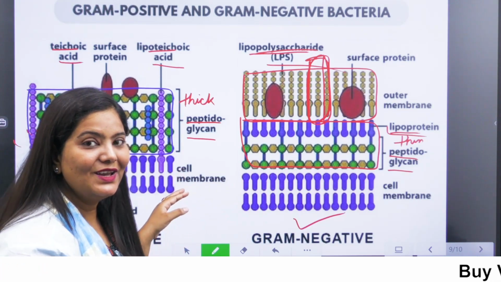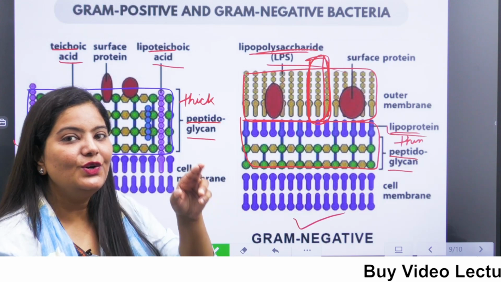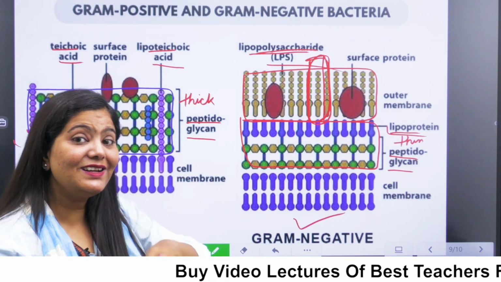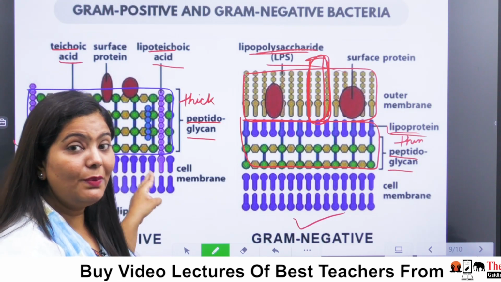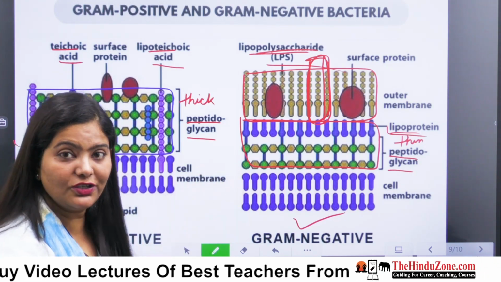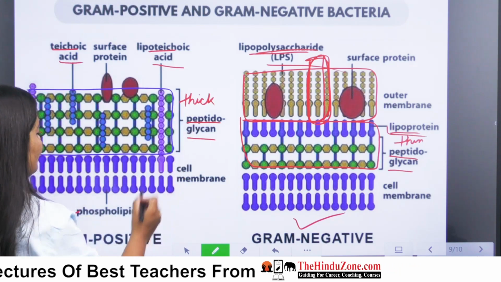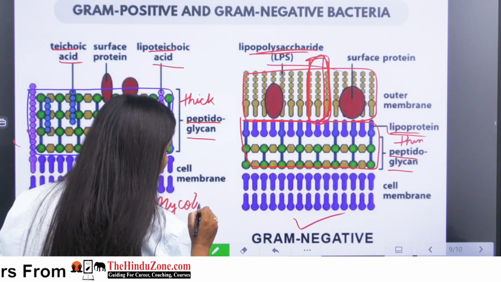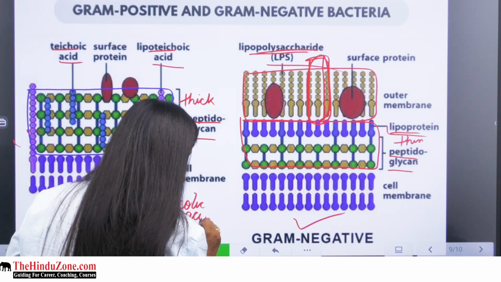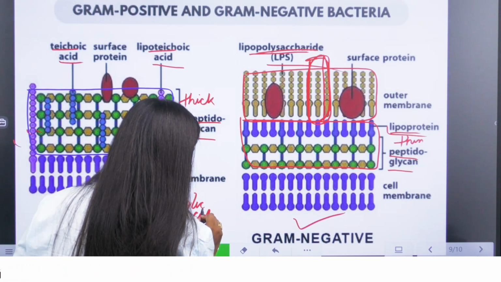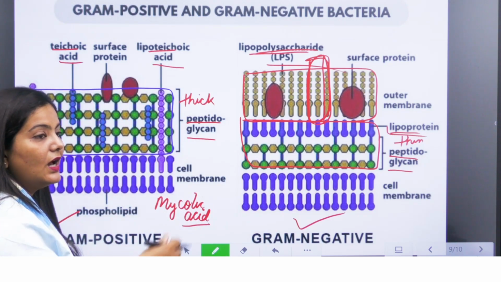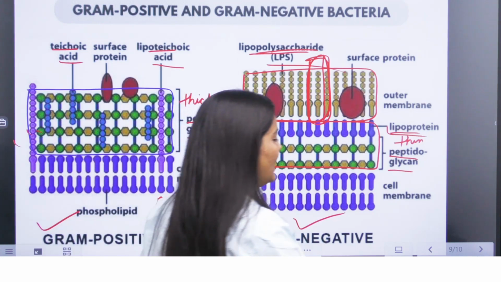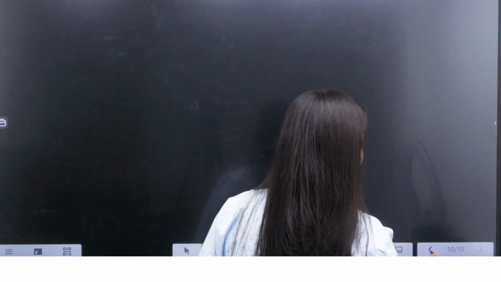But for your knowledge, you know Mycobacterium tuberculosis? That is a gram positive bacteria, but it is a world famous pathogenic bacteria. It has a waxy coating of mycolic acid on the gram positive structure, which provides it a defense. So these were some interesting facts regarding the bacterial cells.